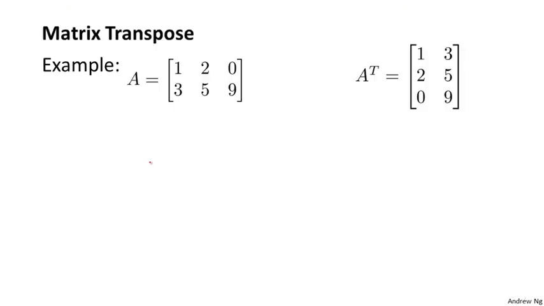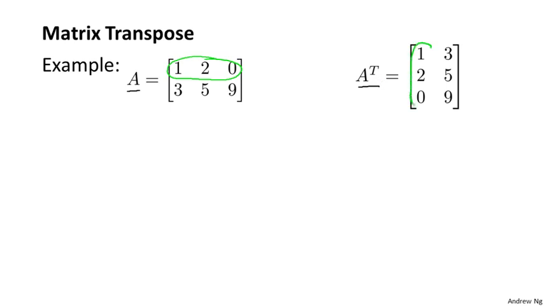Finally, the last special matrix operation I want to tell you about is the matrix transpose. So suppose I have matrix A. If I compute the transpose of A, that's what I get here on the right. This is A transpose, which is written A superscript T. And the way you compute the transpose of a matrix is as follows. To get the transpose, I'm going to first take the first row of A, 1, 2, 0.